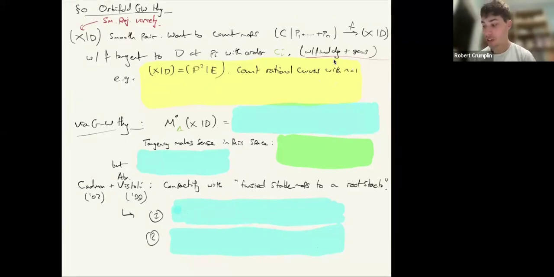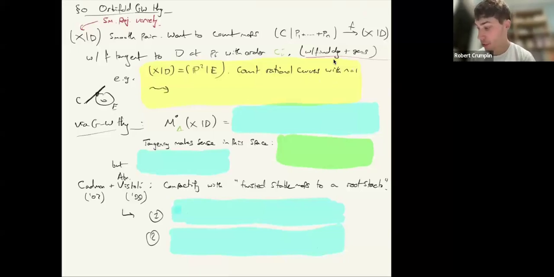So it's maximally tangent to E. Here's a picture as well. This is my E, and I want to count these rational curves which intersect E in one point. So this is the image C. That's just some problem you can set up.